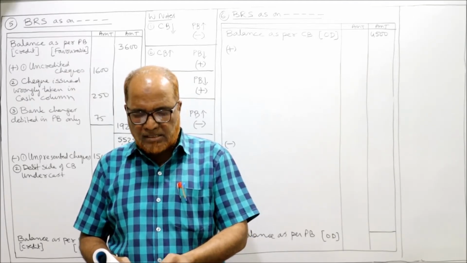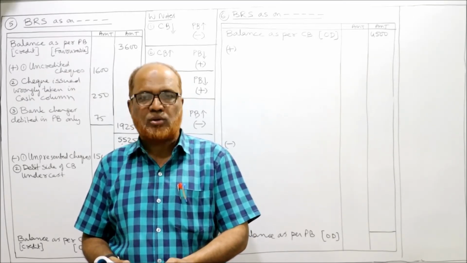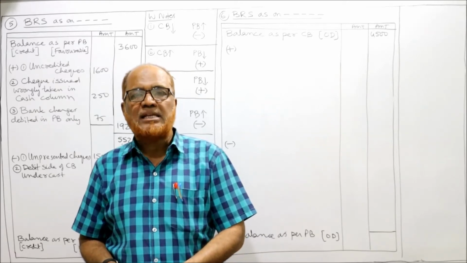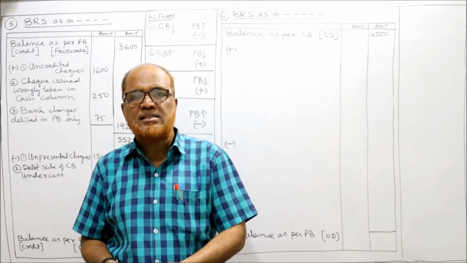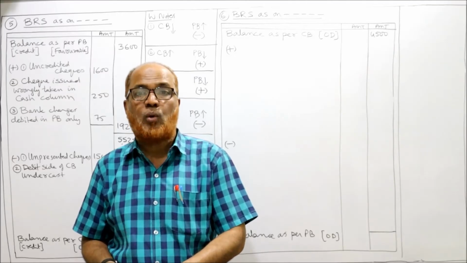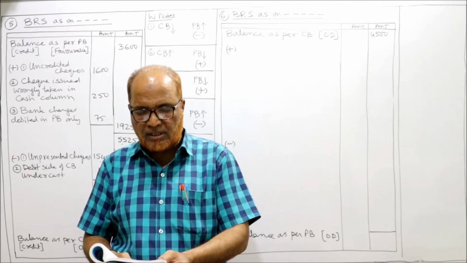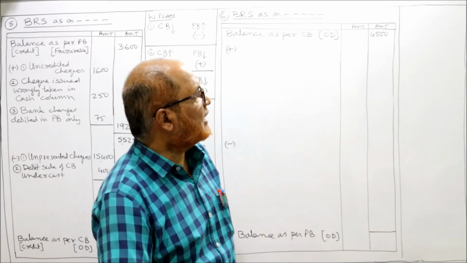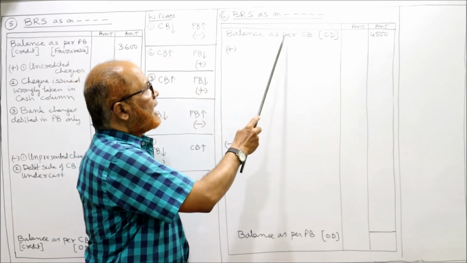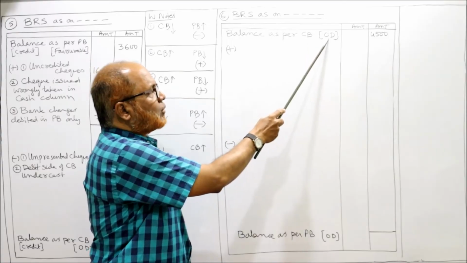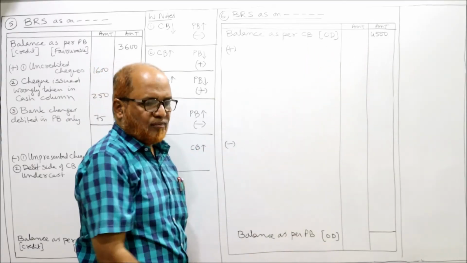Bank overdraft as per cash book number 1 account. So our opening balance, starting balance is bank balance as per cash book overdraft, 4,500. So I have taken here balance as per cash book, overdraft 4,500.